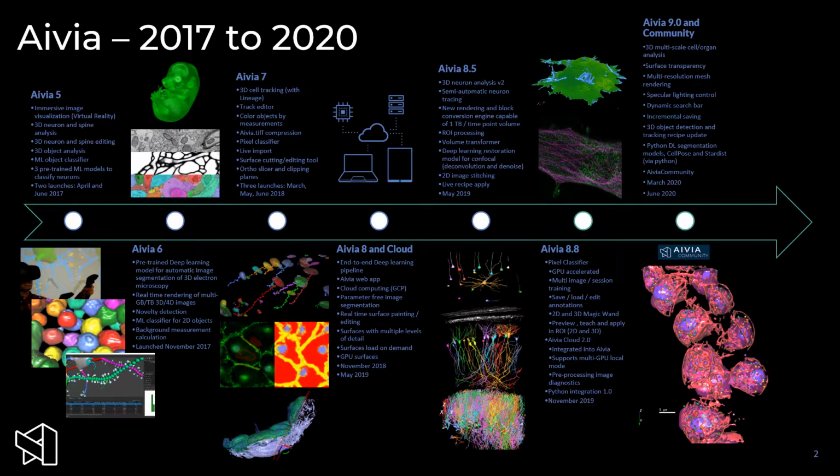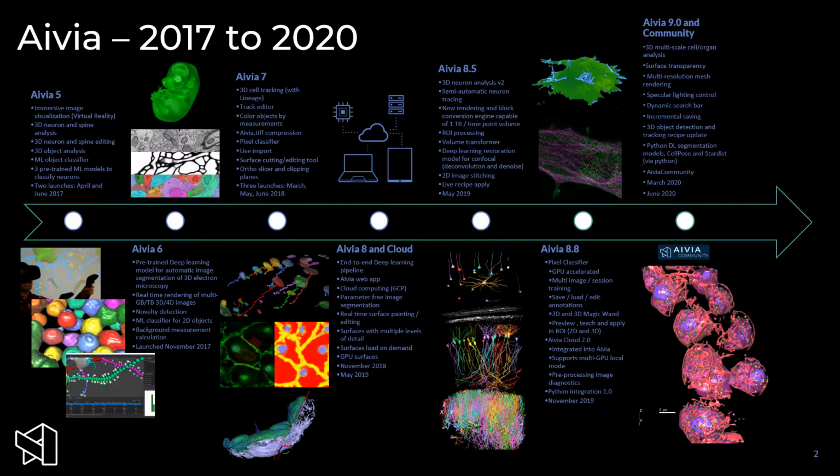Over the last 3 years, we have developed quite a range of functionality that spans both non-machine learning as well as a variety of machine learning powered image segmentation and object classification.